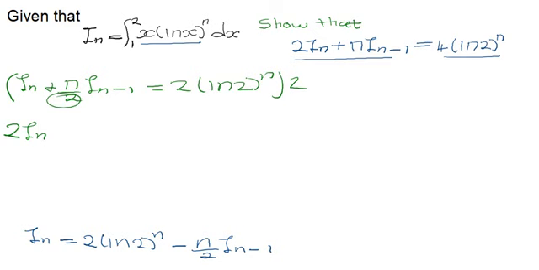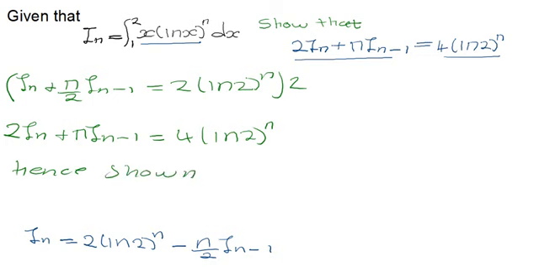I don't want to have fractions in this case. So I'm going to have 2 I_n plus n I_(n-1) is equal to 4 times the natural log of 2 to the power n. Hence shown.